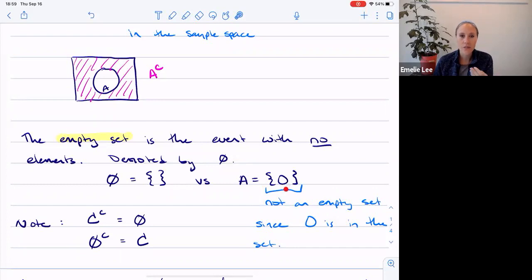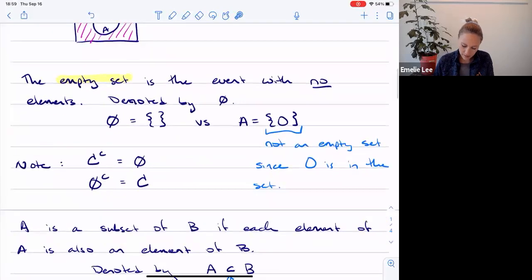That can be confusing, and that's typically one of those questions that we like to ask, to emphasize: do you know that the empty set has no elements? 0 is an element. It's worth nothing, but that's not the point. It is an element. So the set with 0 is not an empty set, since 0 is in the set, and it is an element.